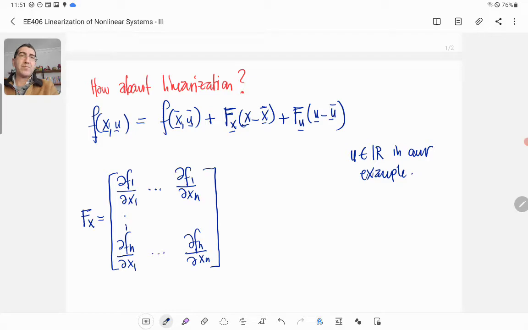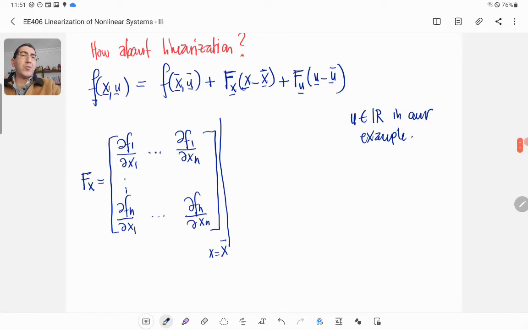This needs to be evaluated at x equal to x bar, the equilibrium state, but also you need to evaluate at u equal to u bar, because f1 to fn will also be a function of u, and so can be the derivatives.